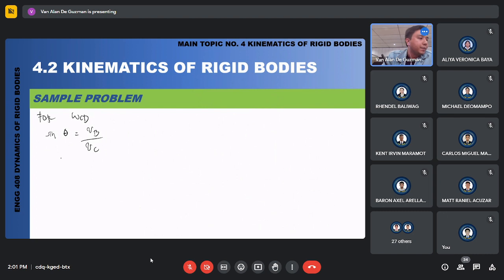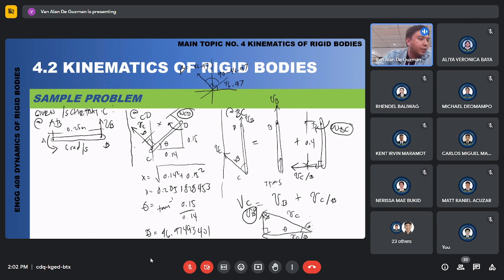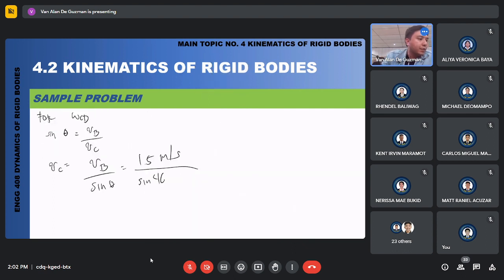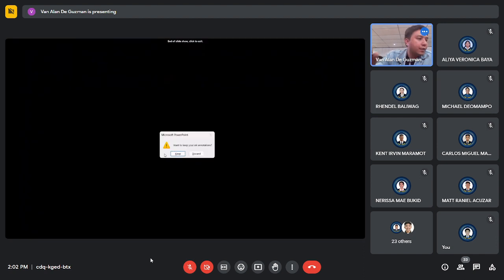So we have here V sub C natin that is equal to V sub B over sine theta, that is 1.5 meter per second over sine, ano yung ating angle doon, 46.97.